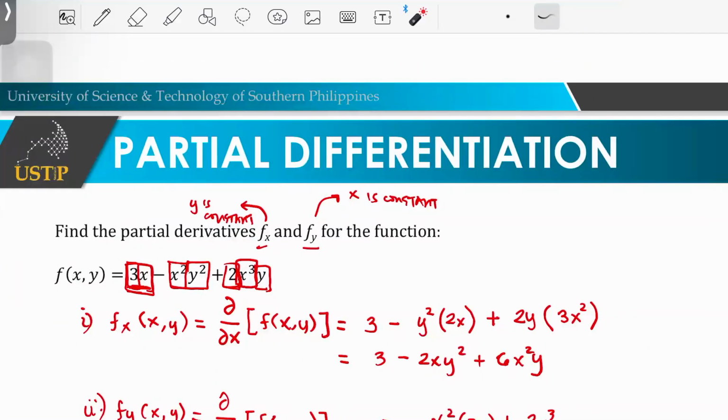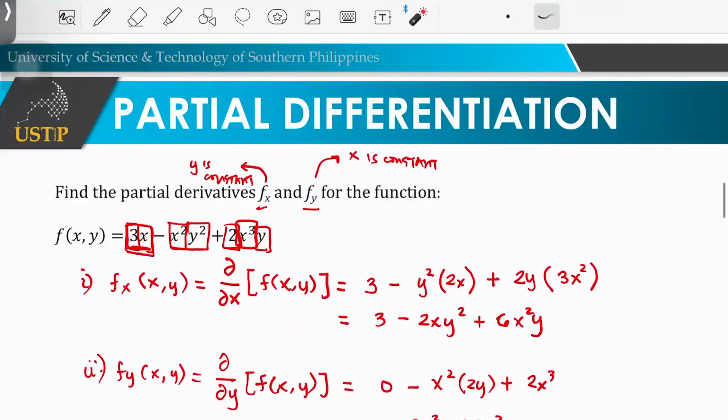Sige, let's have an example. It's a bit messy because I already annotated it, but let's have this. I will just rewrite it, class. Okay, so let's find the partial derivatives, f sub x and f sub y, for the function. So again, just to denote here, if you're getting the partial derivative of f with respect to x, y is a constant.